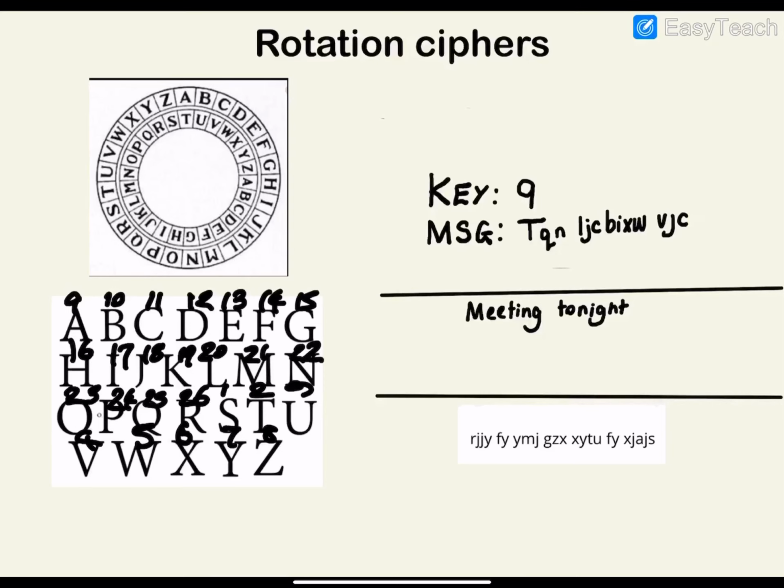Alright, now we reach 26. So if you just want to leave the message the same, it's just key is 26, just the same. Now you could figure out what this is. It's actually nonsense. Just practice that brute force attack.